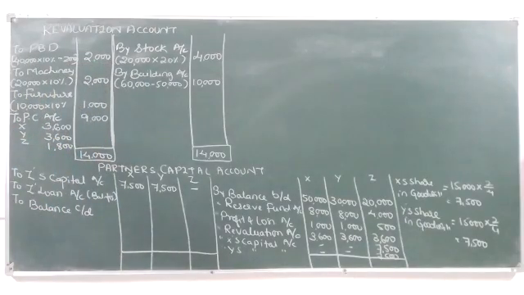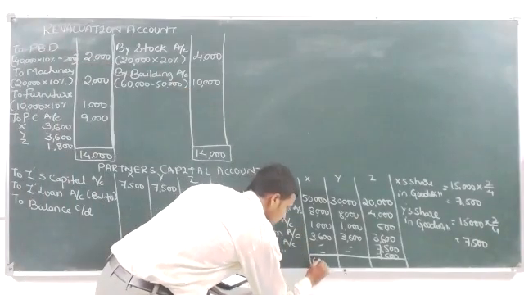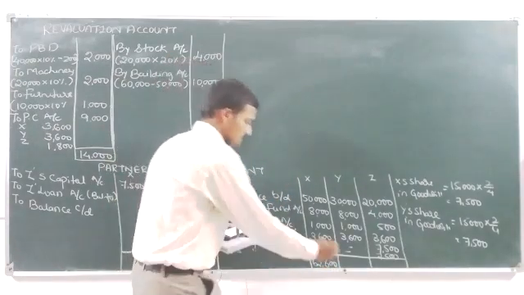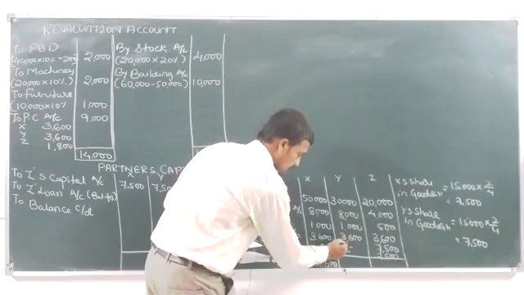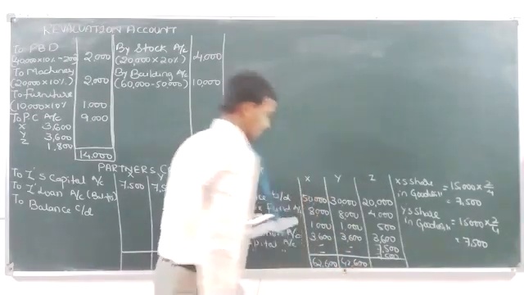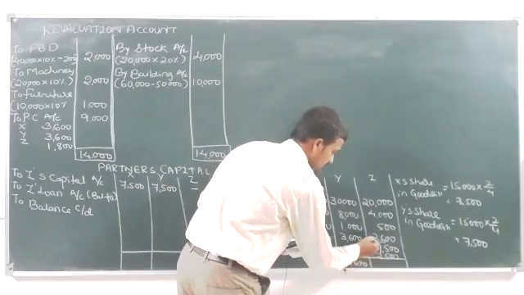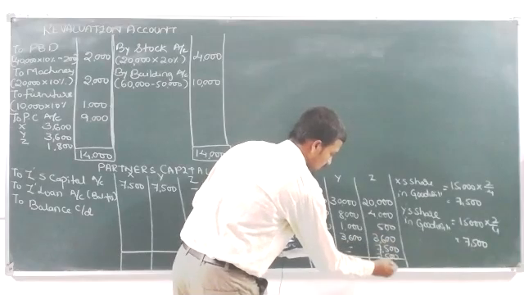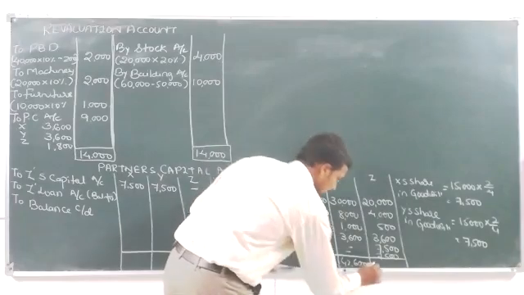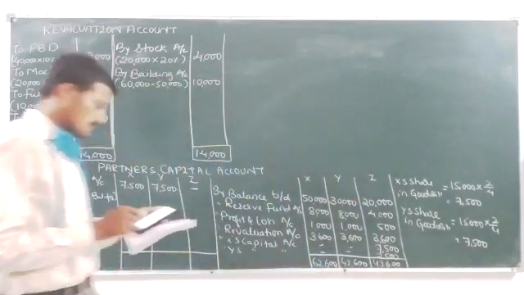So first, let's take the total. First one is 62,600. Second is 38, 39, 42,600. Then 24,500, 27,500, 28,100. I think 43,600 it may be. Let me check once again in the calculator.